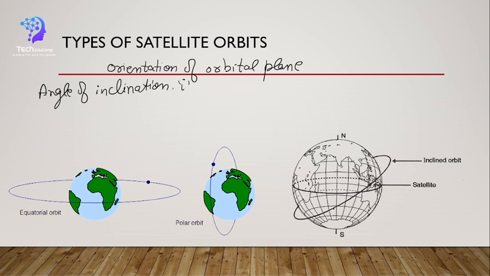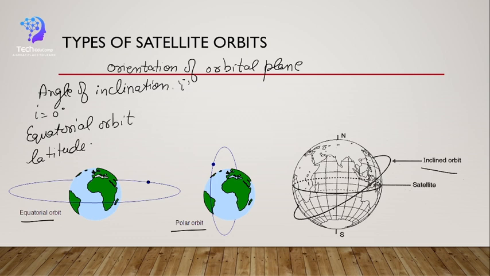On the basis of that, we have three types of orbits: number one is equatorial orbit, number two is polar orbit, and number three is inclined orbit. If the angle i is at 0 degrees, then that orbit is known as the equatorial orbit, whose latitude is at 0 degrees. And if the angle of inclination is at 90 degrees, then it is known as the polar orbit.